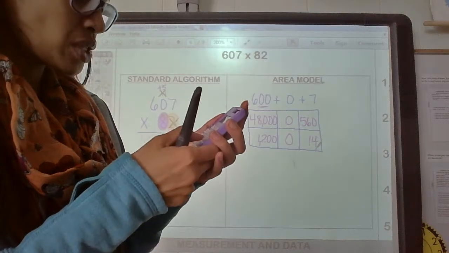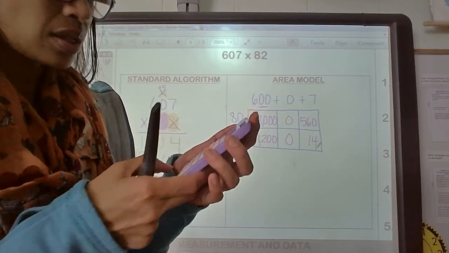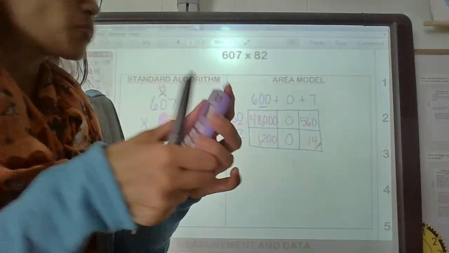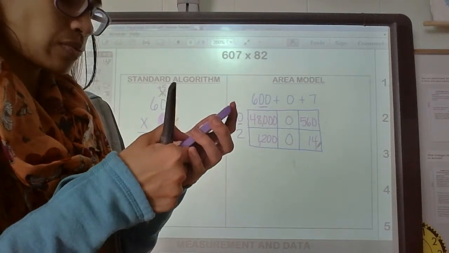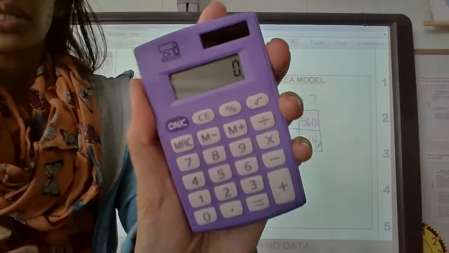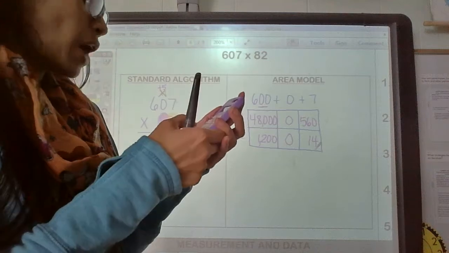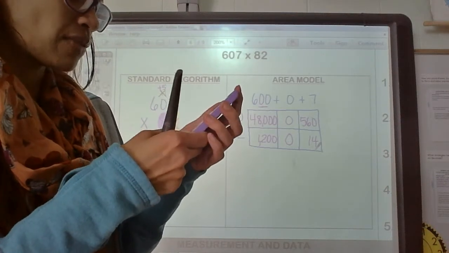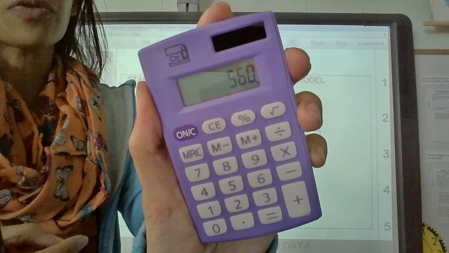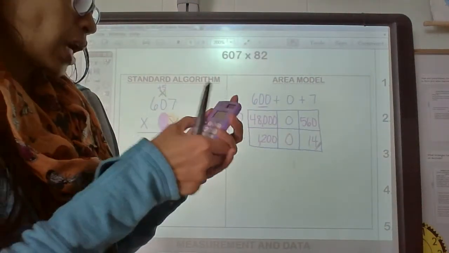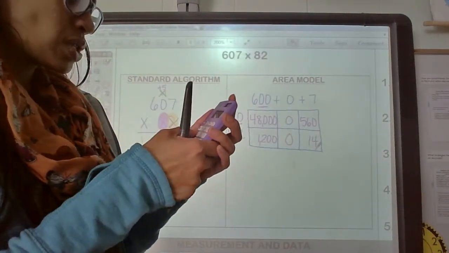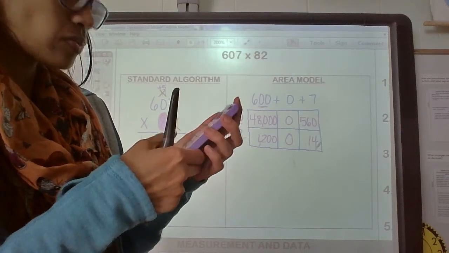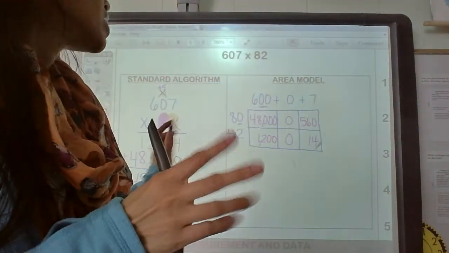Okay, that better be 0. 0 times 80. Or 80 times 0. 0. 0 times 2. 0. 7 times 80. Or 80 times 7. Use your calculator with me. 560. Yes. And then 7 times 2. 14. Okay, so now we have that right.